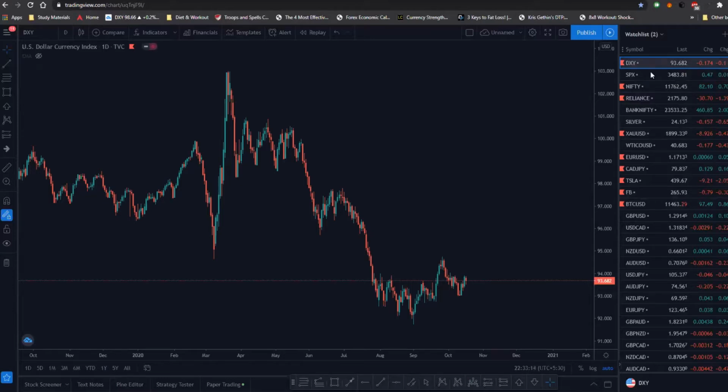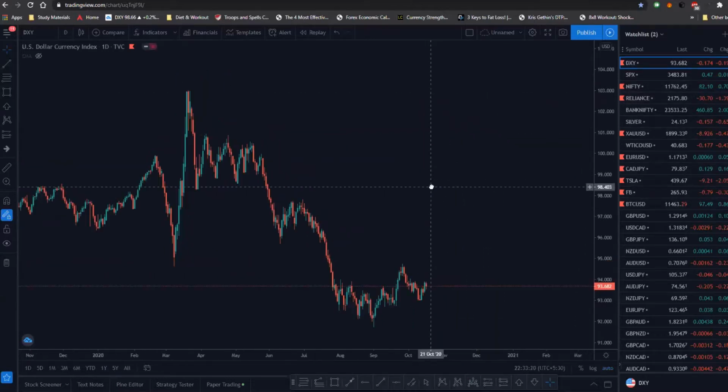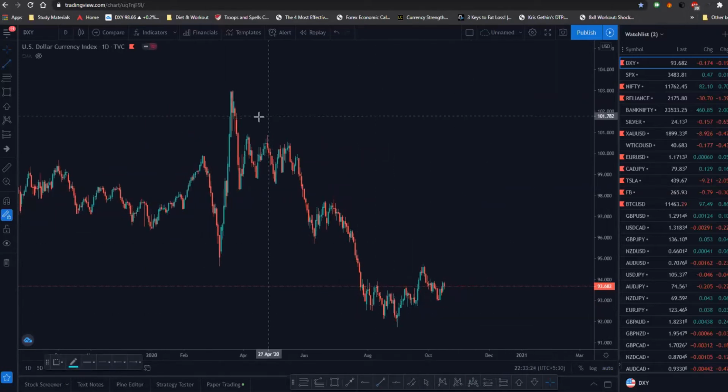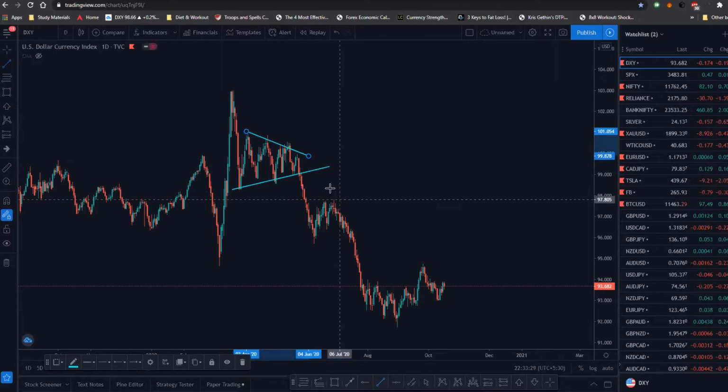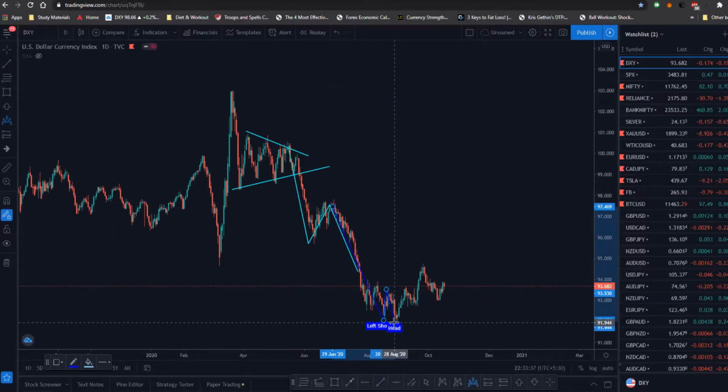So let's start with the dollar index. We are on the daily time frame, and as you can see, we are in a good downtrend. We had this symmetrical triangle, and then we just broke down, and what I see is we have a good inverse head and shoulders over here.